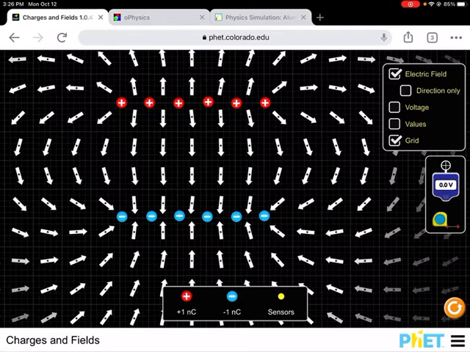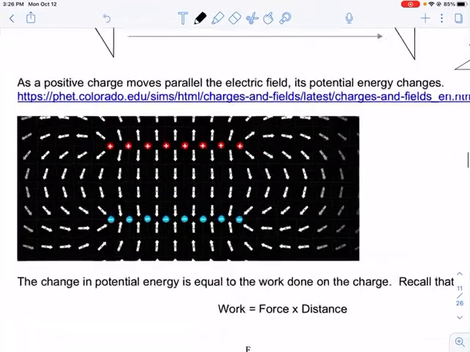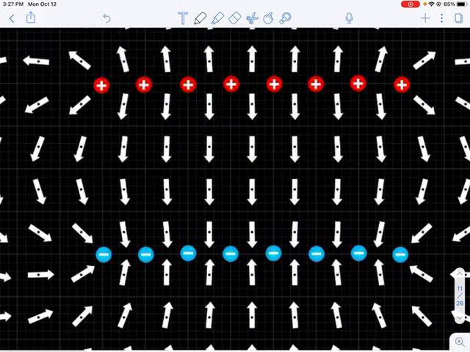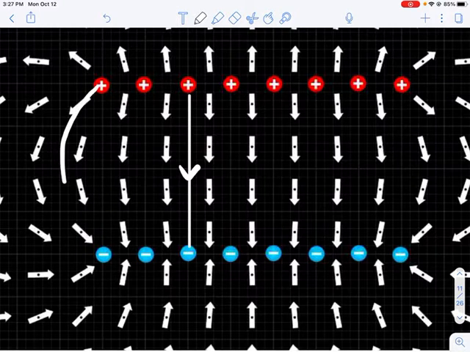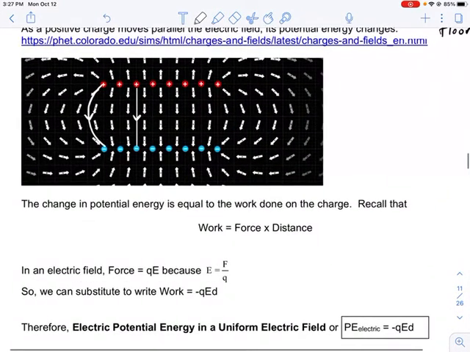On the edges, we get a curve. So let me switch back to my notes. My field is down and straight in the center, and it's curved on the sides like that. And that's a uniform electric field.